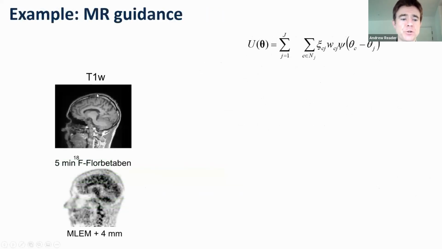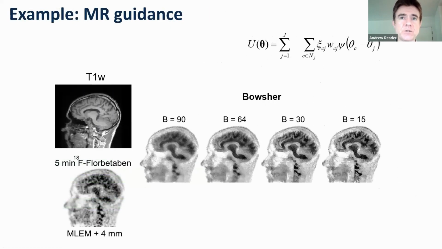The kind of results, I showed this slide last week, that you'll get will be something like this with the Bowsher prior, where these w's are either 1s or 0s. If you use large similarity clusters, in other words, we're not really imposing much in the way of boundaries, then you can obviously end up doing a quadratic penalty in large regions, and you end up with a very conventional smooth image.